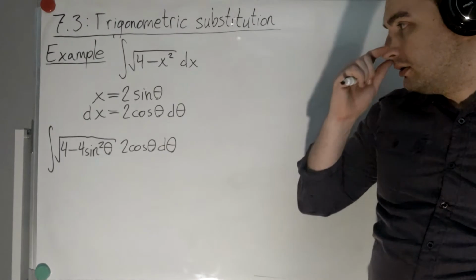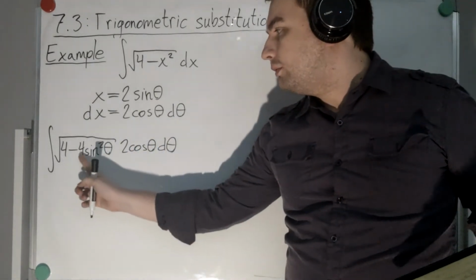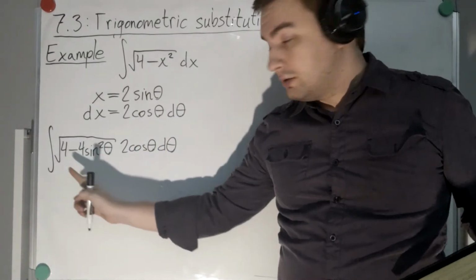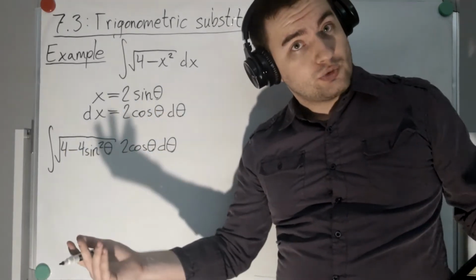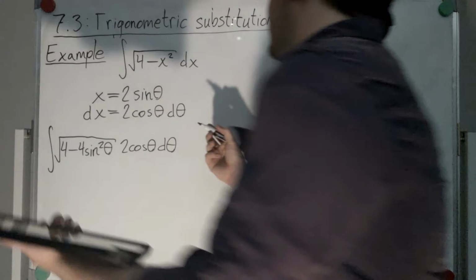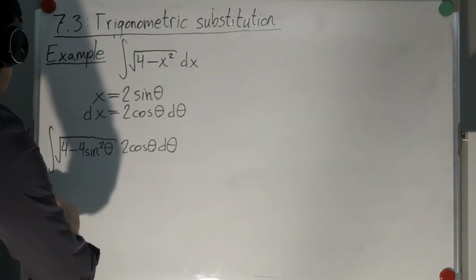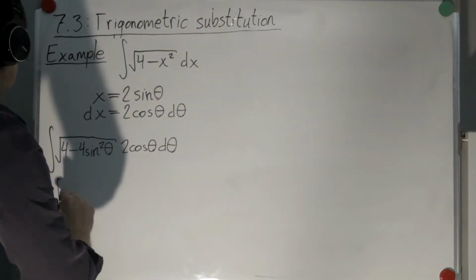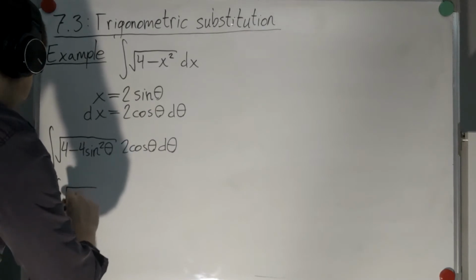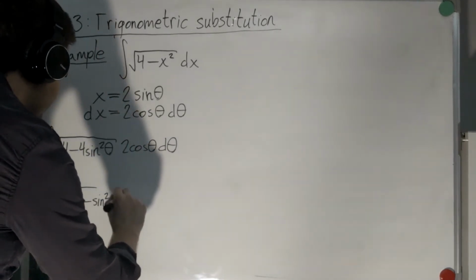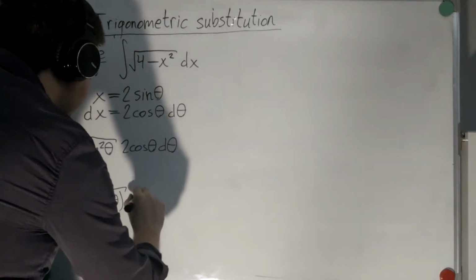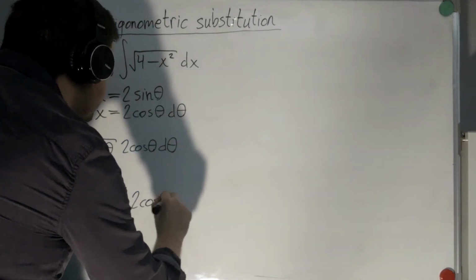In this case, I look at this and I say, all right, well, if we factor out 4, we get 4 times 1 minus sine squared, which is cosine squared. So this is the same as the integral of the square root of 4 times 1 minus sine squared theta times 2 cosine theta d theta.